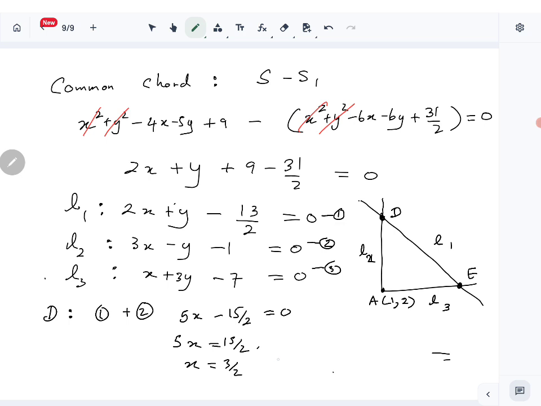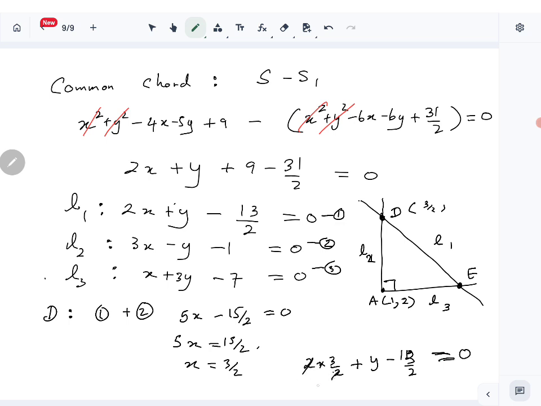So when x equals 3 over 2, what is the y value? Let's substitute into the first equation: 2 into 3 over 2 plus y minus 13 over 2 equals 0.